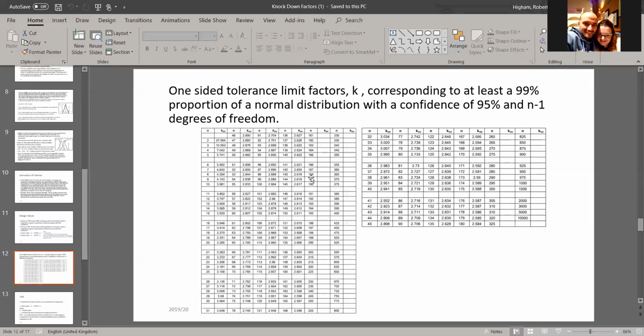So it's a bit small, but if we only have 5 data points, our K value is 5 and a bit. So if our standard deviation was 50 megapascals, then we have 5 and a bit, so we'd end up with our mean of our data set, which let's say it's 1,000 megapascals, minus 5 and a bit times that 50 standard deviation.